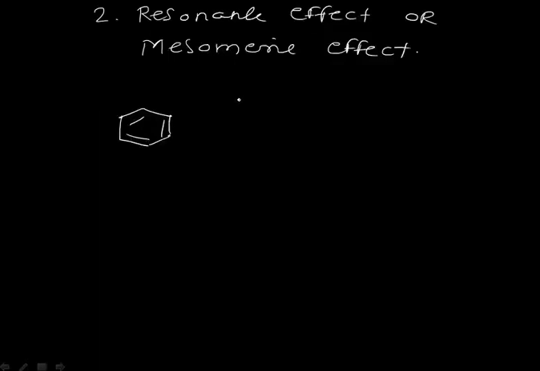On the basis of this structure we can say that the carbon carbon single bond length should be 1.54 angstrom and the carbon carbon double bond length should be 1.34 angstrom.